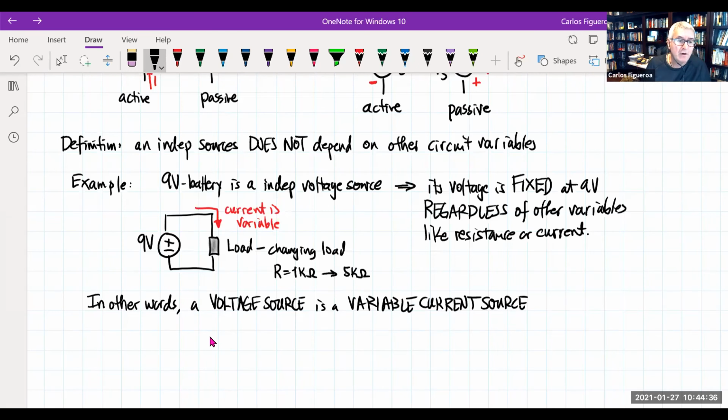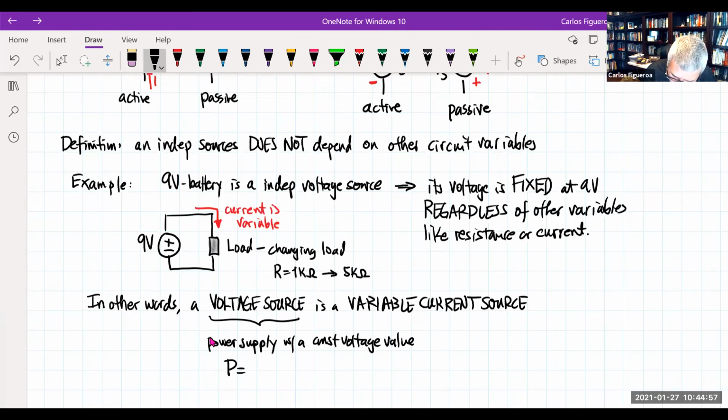And remember, what is a voltage source? A voltage source is a power supply with a constant voltage value. But remember, power supply means what? That there's a voltage times a current.